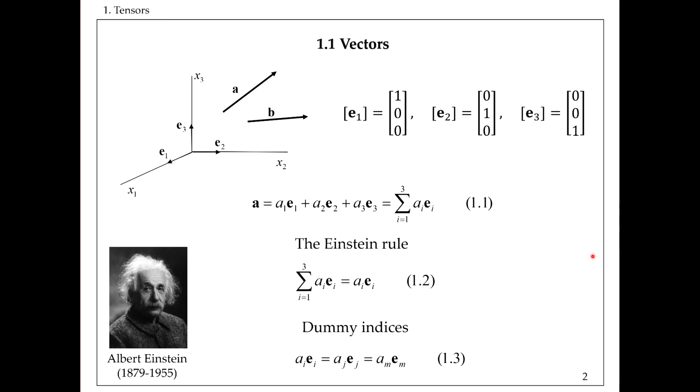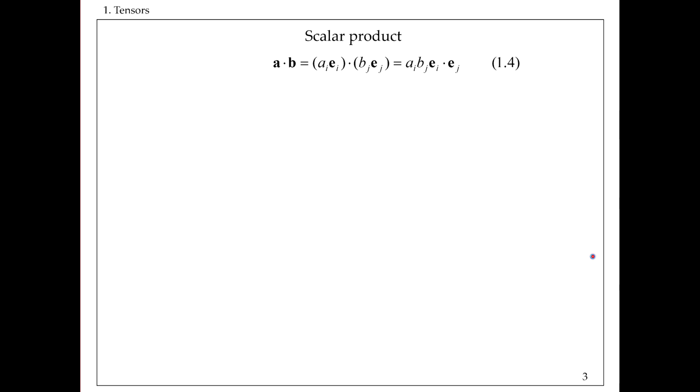All right, with that, let's introduce the scalar product. This is not something you're unfamiliar with; it was already considered. With the scalar product of vectors, we are calculating the projection of one vector upon another.